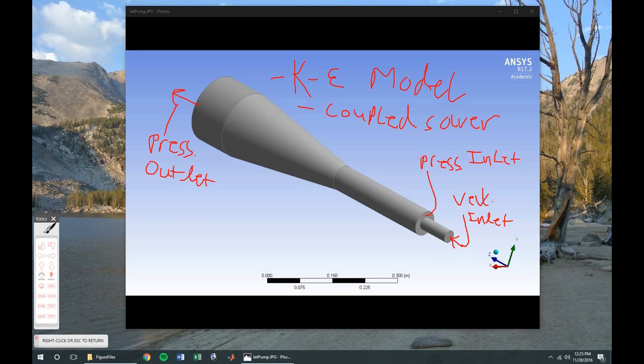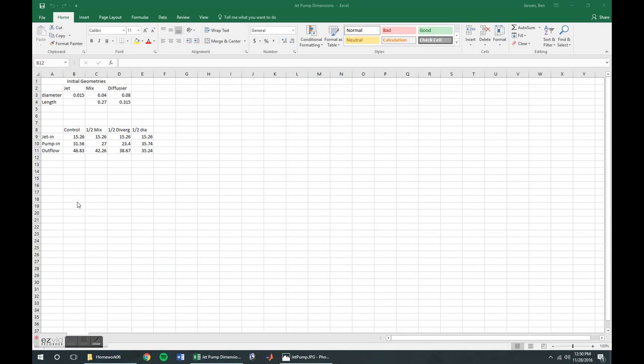These are the initial geometries that I used, and I put these together for a quick baseline comparison that I could throw into Fluent and get a control flow through the jet pump. I did that and came up with these numbers, and the control got 46 for the flow.